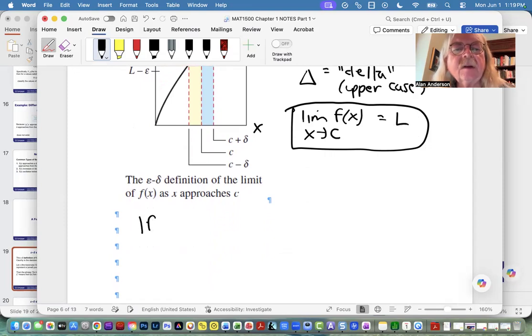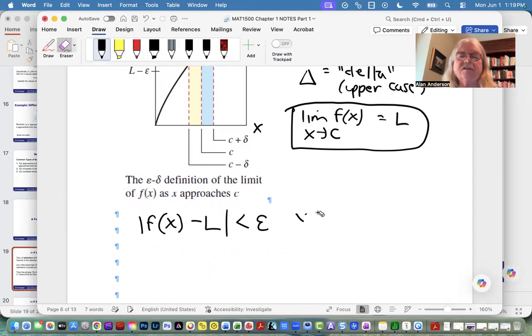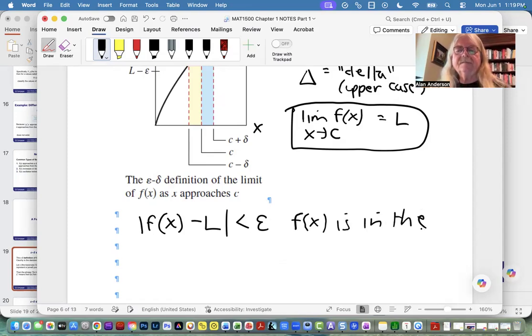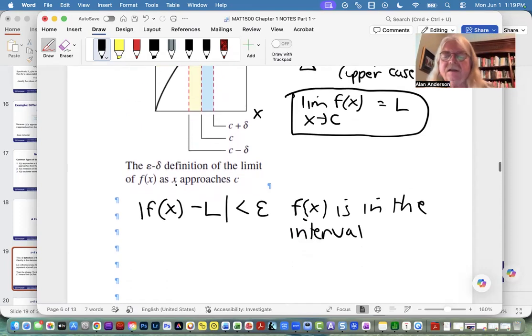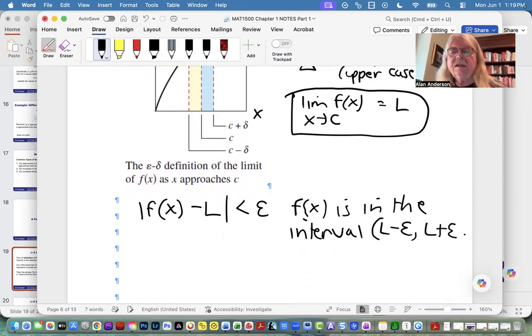What I'm about to write is equivalent to saying f of x is in the interval, as you can see over here on the graph, from L minus epsilon up to L plus epsilon. So this is just the more formal way of writing that.